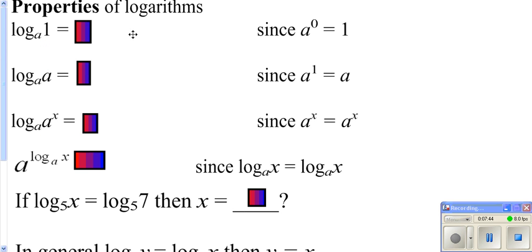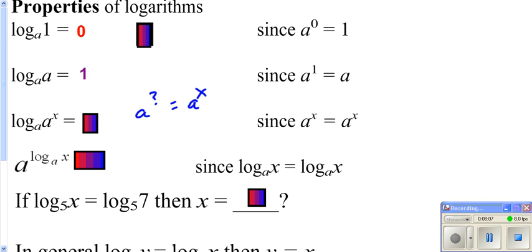So some properties of logarithms. Remember, this means a to what power is 1, and that is 0. This means a to what power is a, and that is 1. The next one means a to what power is a to the x.